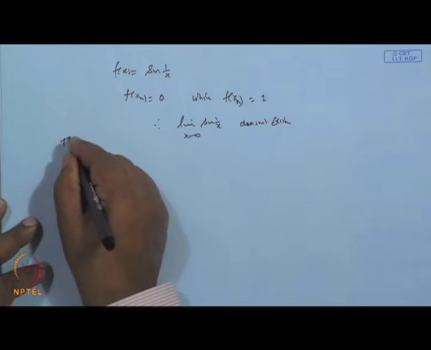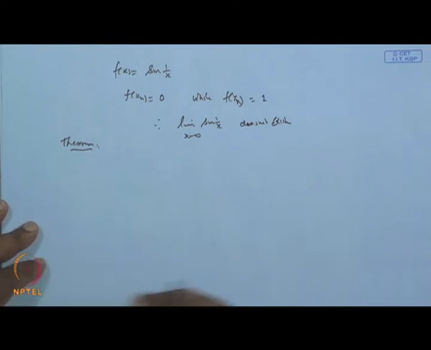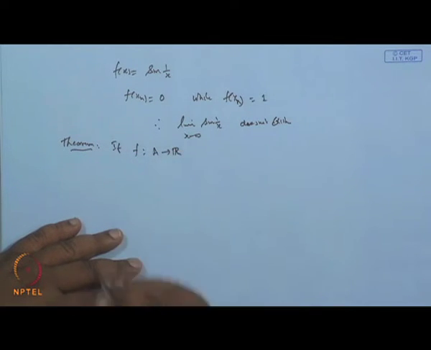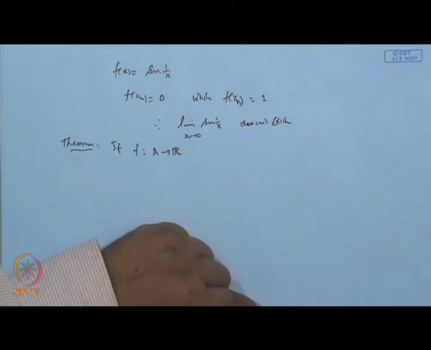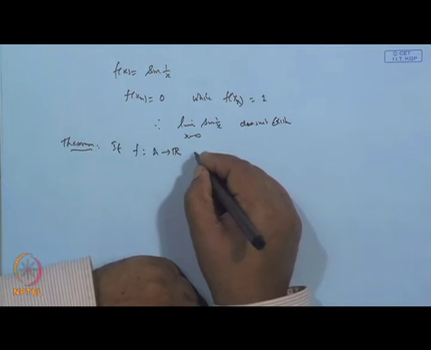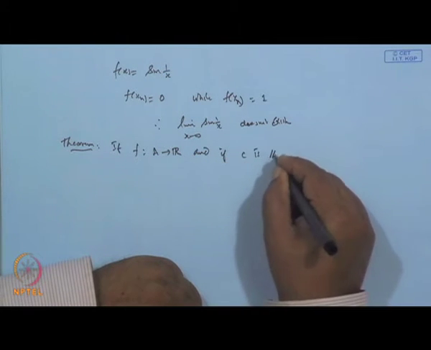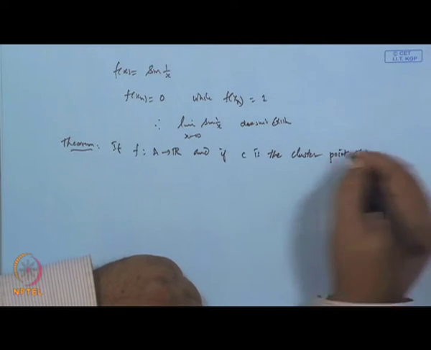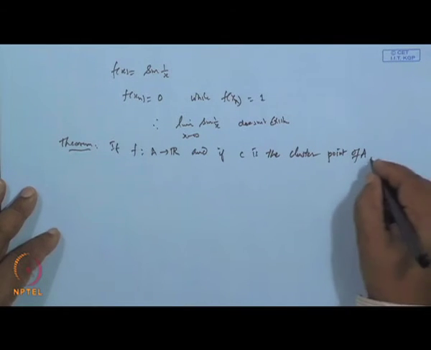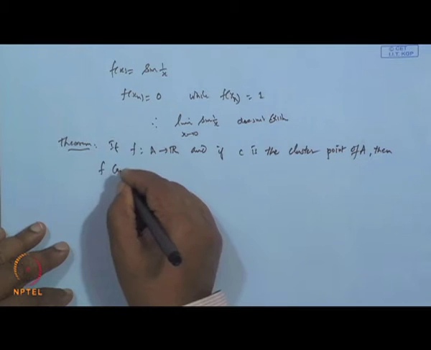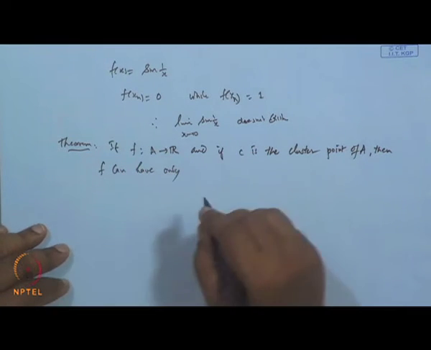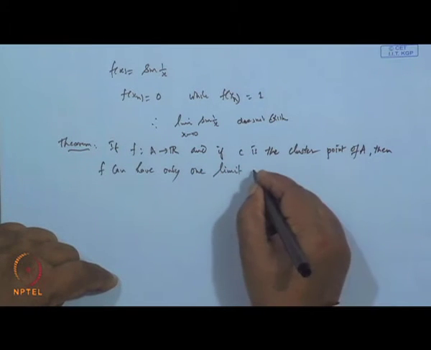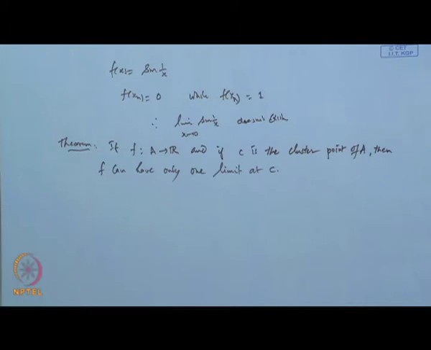We should have proved this earlier, but however: if f is a mapping from A to R, and if C is a cluster point of A, then f can have only one limit at C. We cannot have two limits.